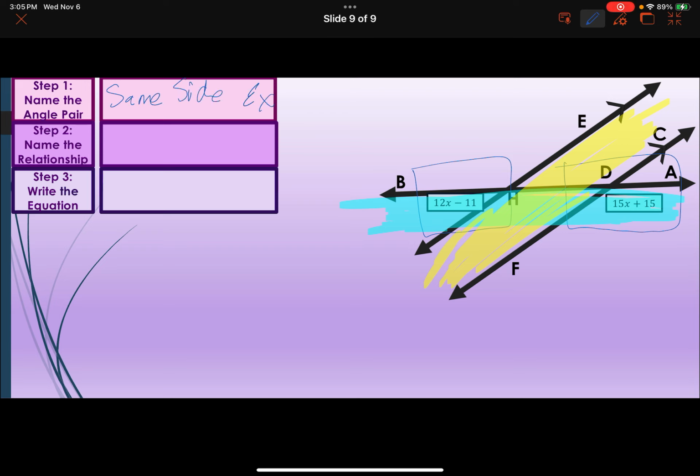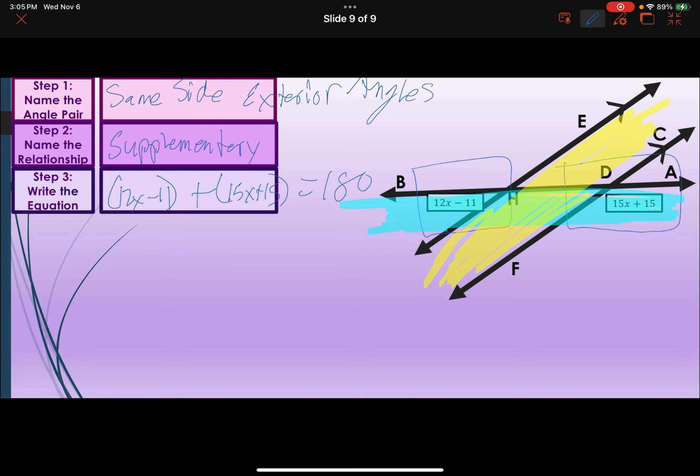Both of them are exterior angles. Then I check the poster. Same side exterior are supplementary, which just means you set up those parentheses, add them together, and set them equal to 180. So then just plug those in. That's it.